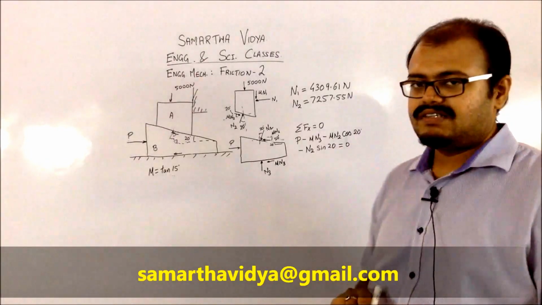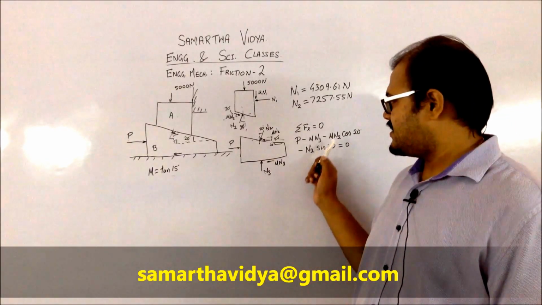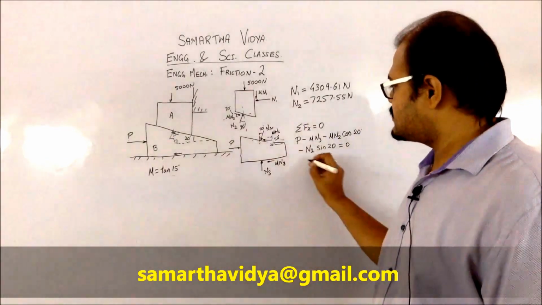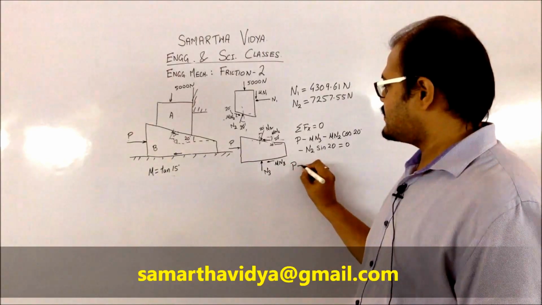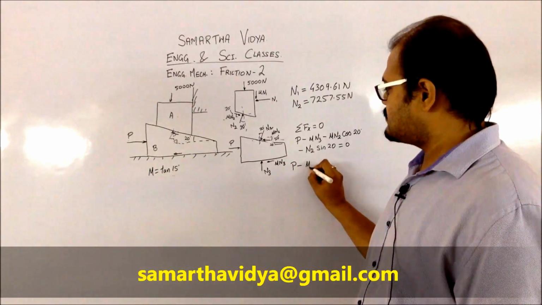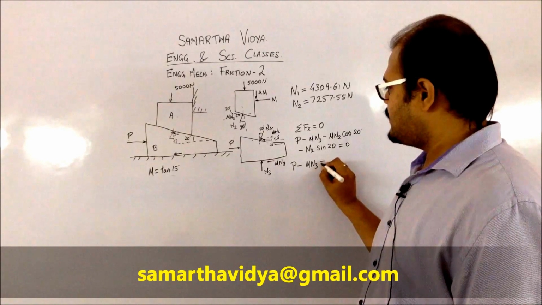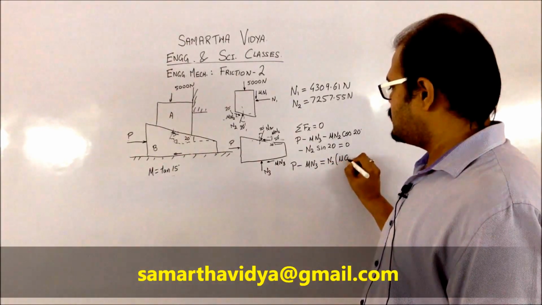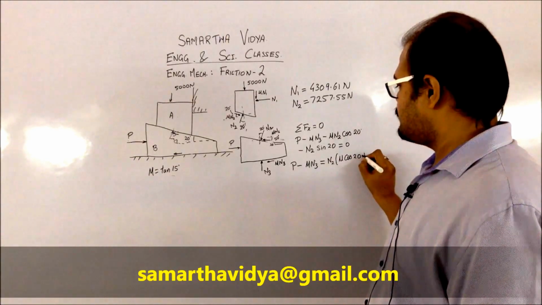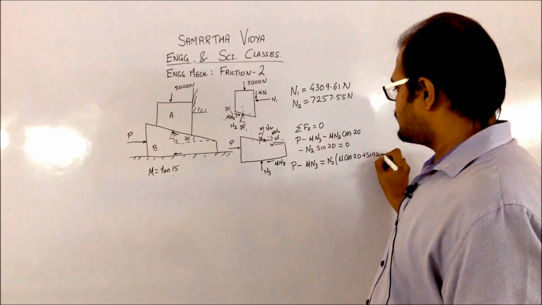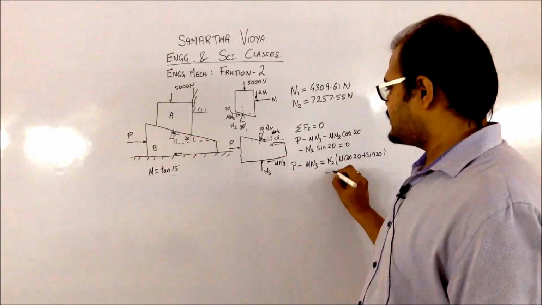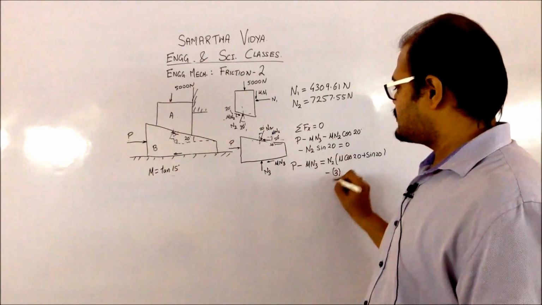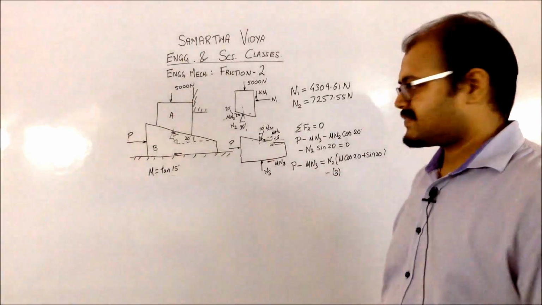This thing will be equal to 0. Now in this we already know N2 from this, so I'll be rewriting the equation as P minus mu N3 will be equal to N2 into mu cos 20 plus sin 20. So substituting the value, you can rewrite this equation. So let this equation be 3.